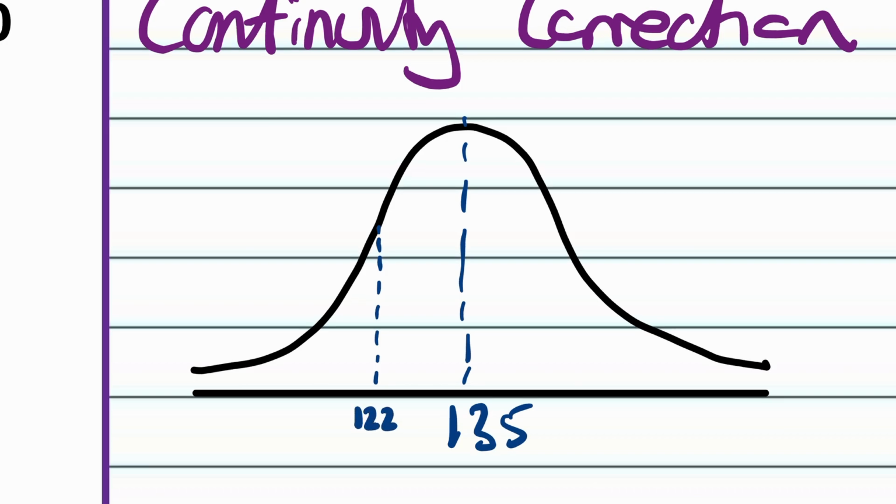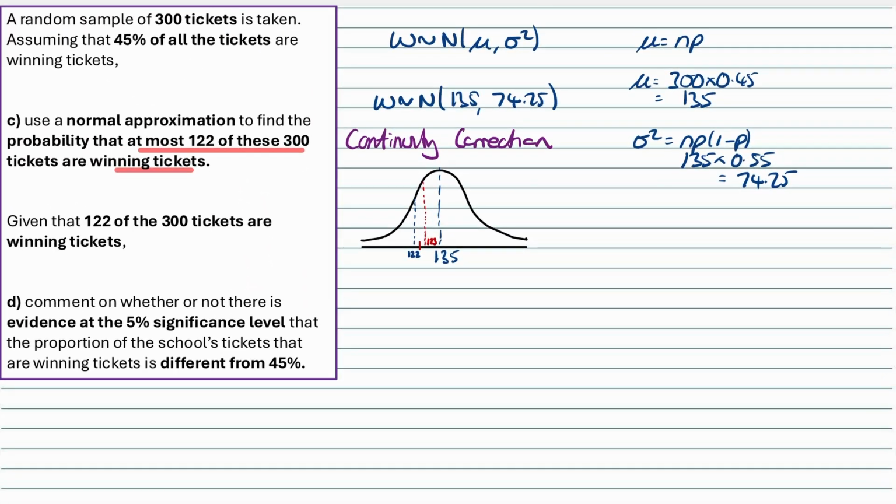So what we can't have is anything rounded to 123. So what we need is for W to be halfway between the two. So you want to work out the probability of W being less than 122.5. Because if it's equal to this, it becomes 123.